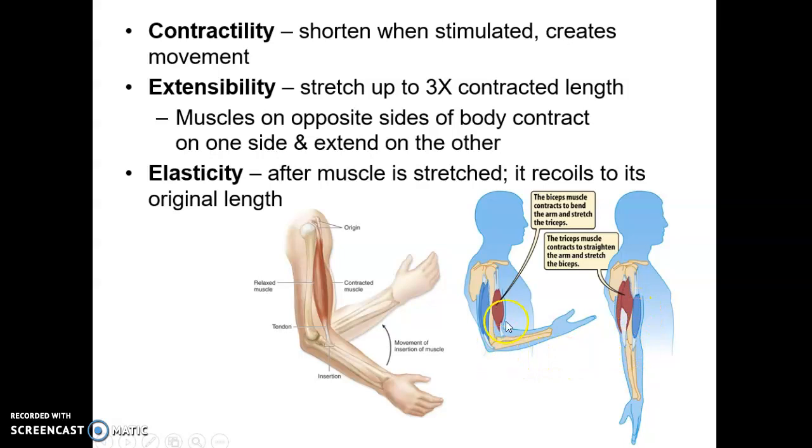Again, the contraction causes movement at a joint. In this example here, flexion at the elbow, and then over here, extension at the elbow. And this occurs this way because muscles can't push. They can only pull by contracting.